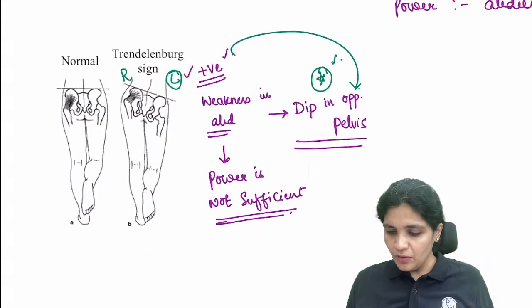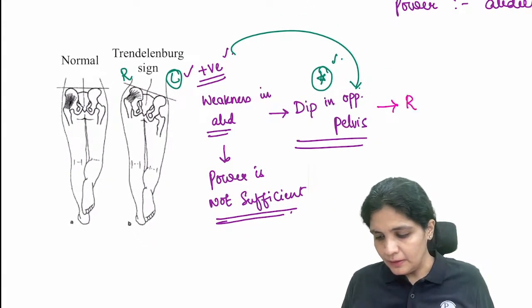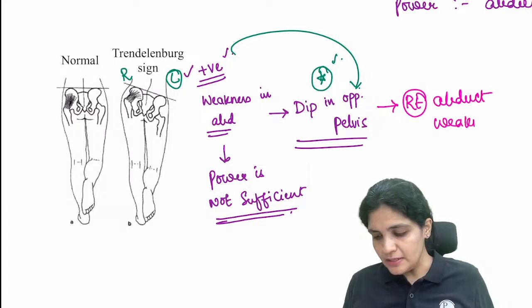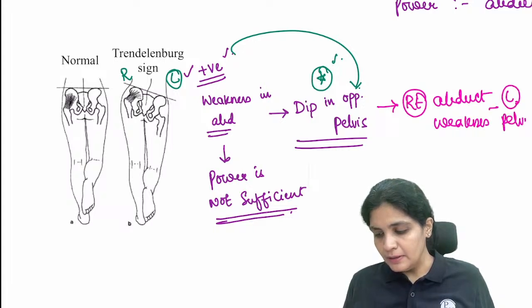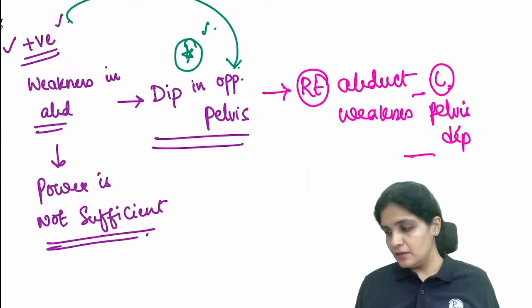So the question will always be right abductor weakness, left pelvis dip. That is the question.